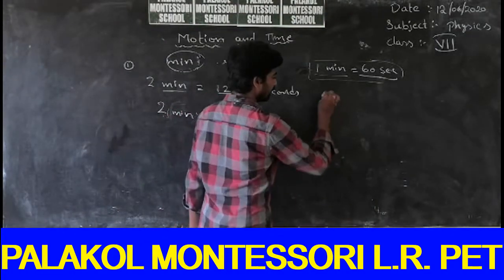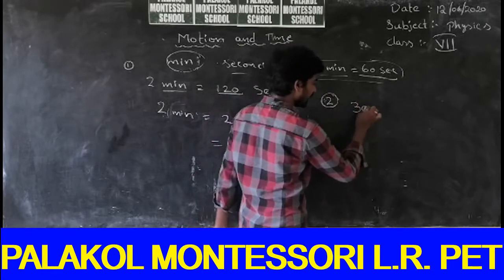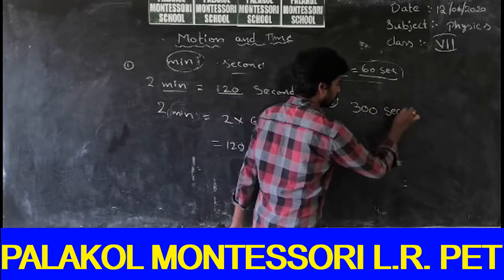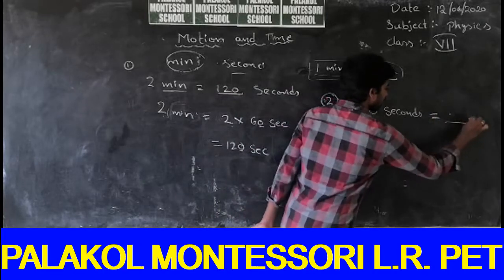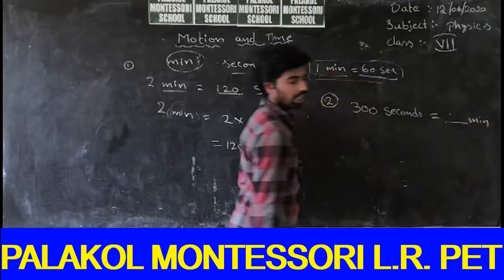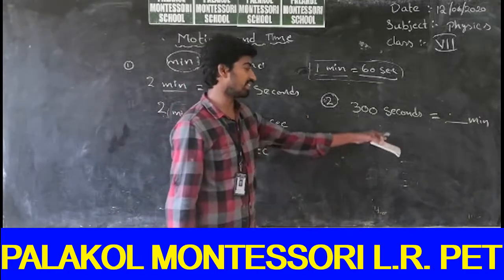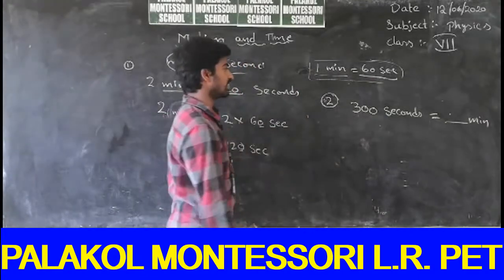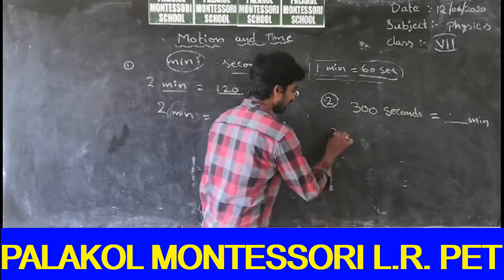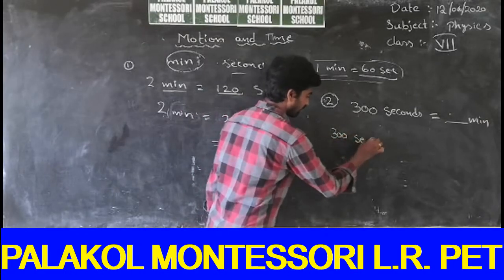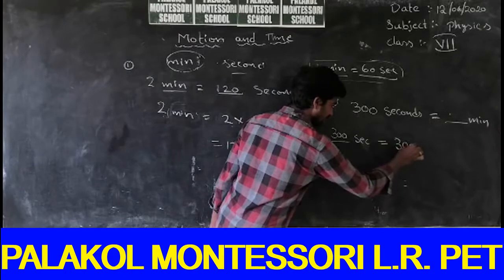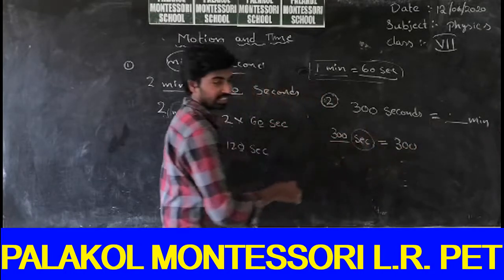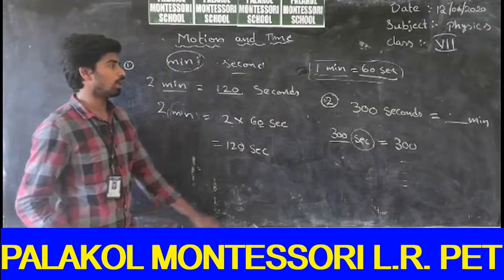Second example. Convert 300 seconds to minutes. 300 seconds is equal to how many minutes? Let us convert that. Place this 300 here, in the place of second. 1 second is equal to how many minutes?